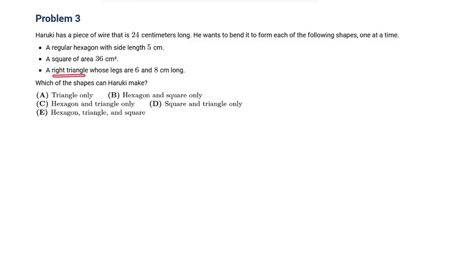Now let's find the perimeter for the regular hexagon. So the perimeter is 6 times 5, because this is a regular hexagon. So 6 sides, and each length is 5 centimeters. So if you multiply, that is 30 centimeters.